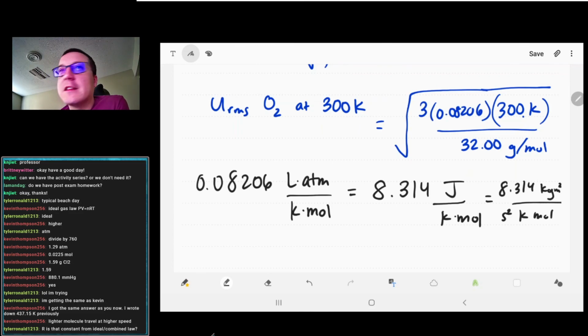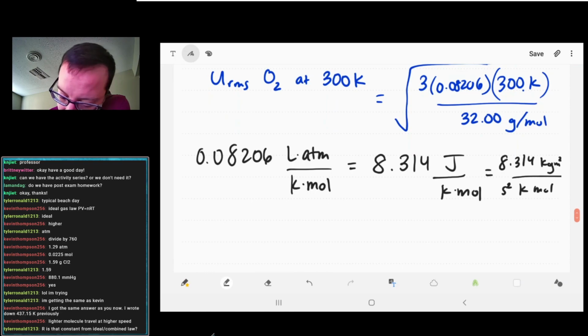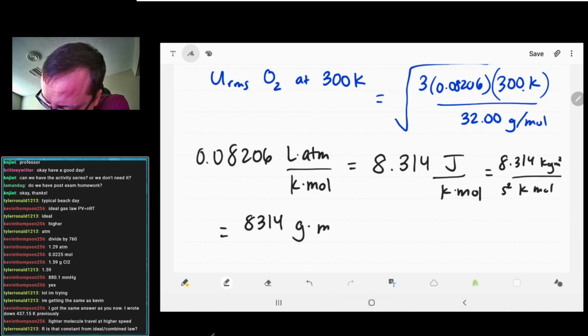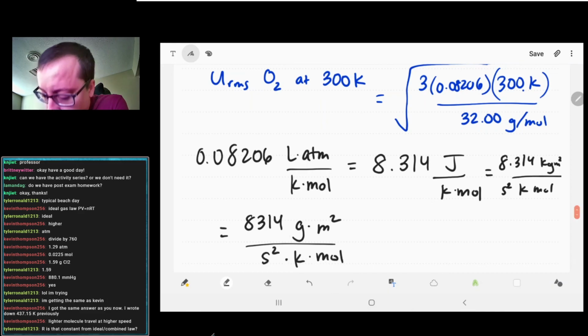All right, now let's see if we can get all this stuff to work out. So it looks like our grams thing is not going to work out nicely for us. So we're going to want to adjust our R accordingly. Grams times meters squared per second squared times Kelvin times mole. Okay, are you happy now, Tyler?